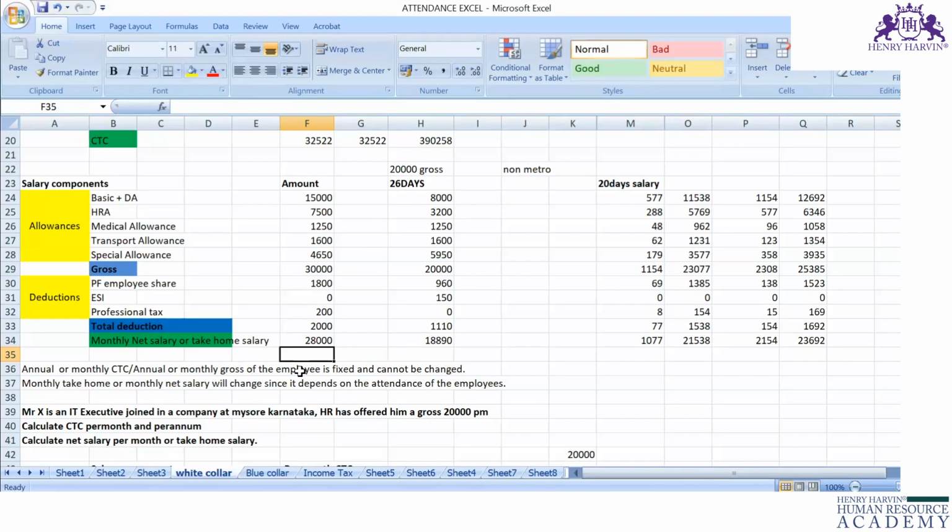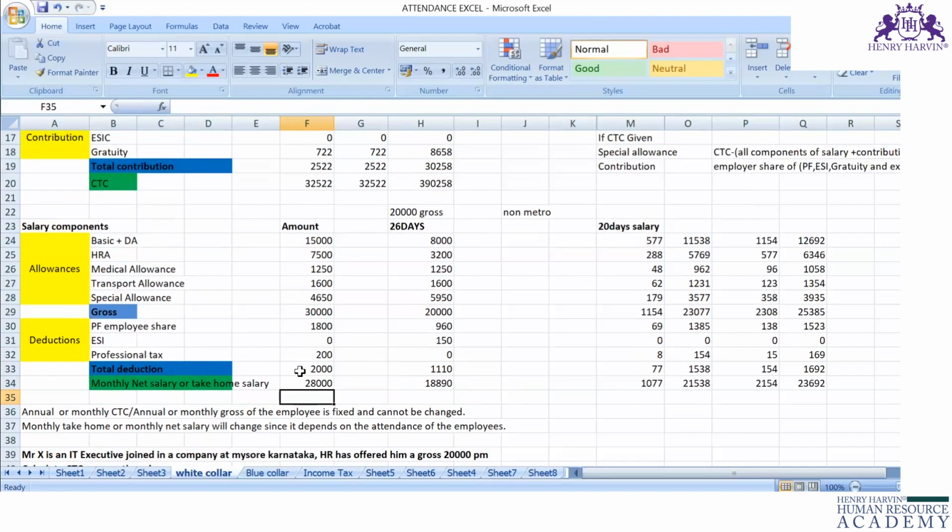Understood, guys? Now, suppose the employee has worked only 24 days out of 26 working days.